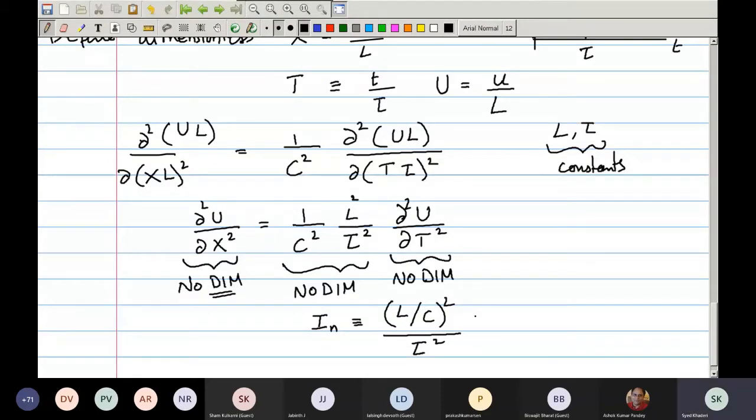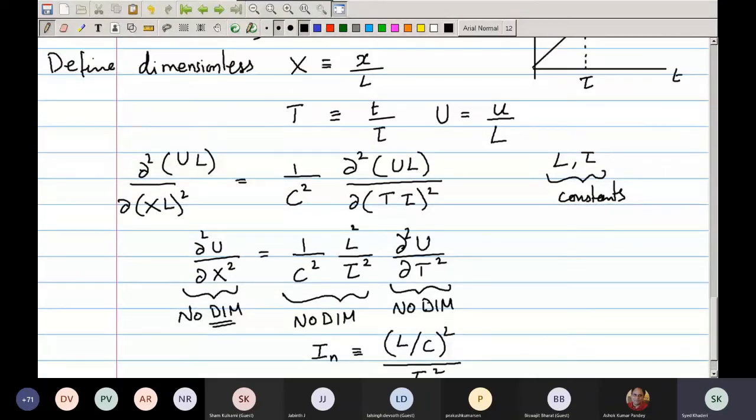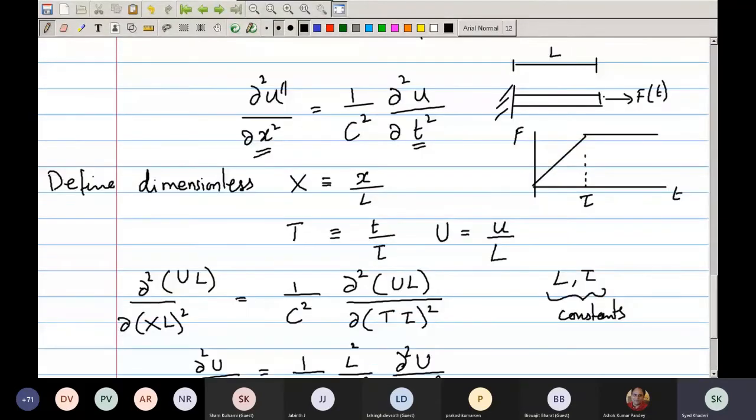Now here is something important. What is L by c? c is the wave speed, which means that the disturbance you apply here will travel from this end to the other end at a speed of c.